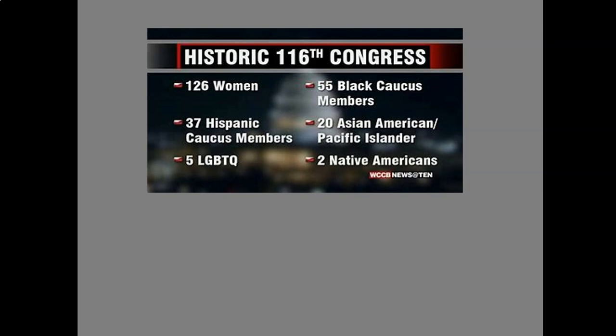This particular Congress brought 126 women into Congress, 37 Hispanic caucus members, 5 LGBTQ, 55 Black caucus members, 20 Asian American Pacific Islander members, and 2 Native Americans. Very important, again, because it brought more minorities into the Congress to represent the diversity within the United States.